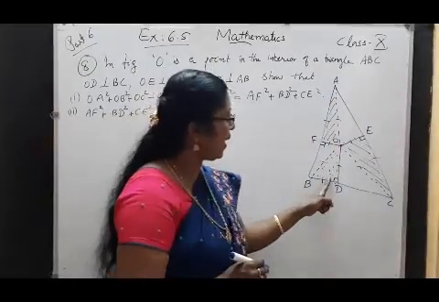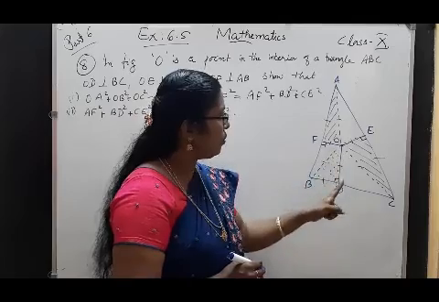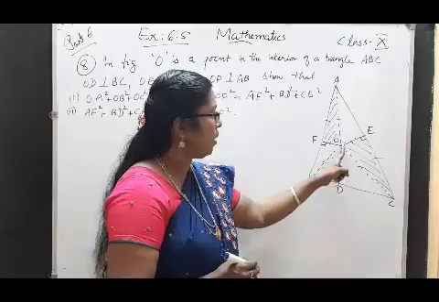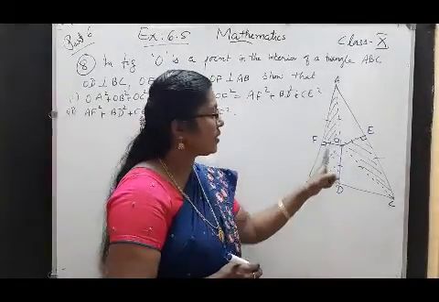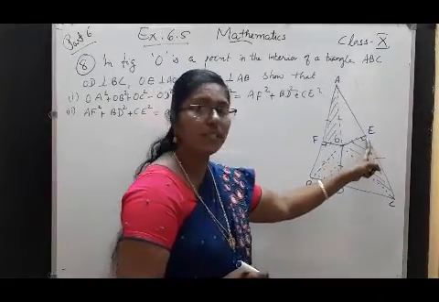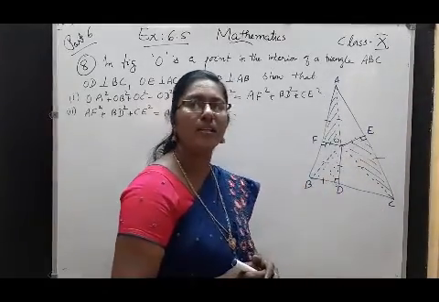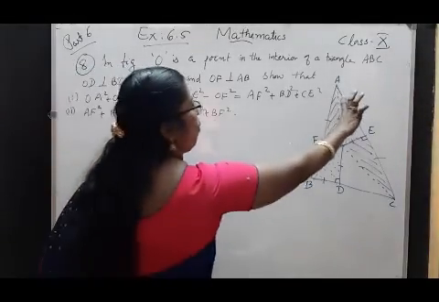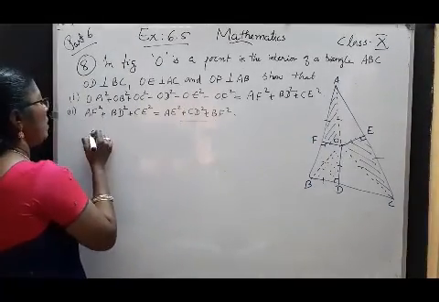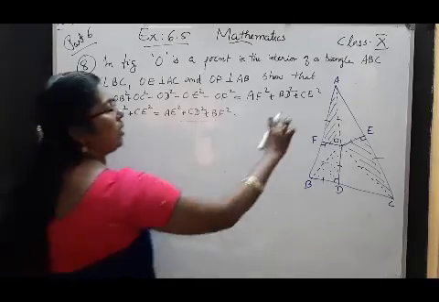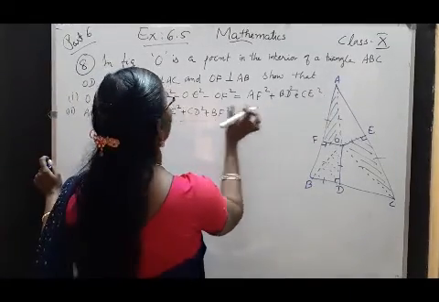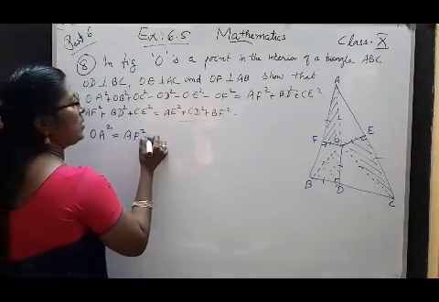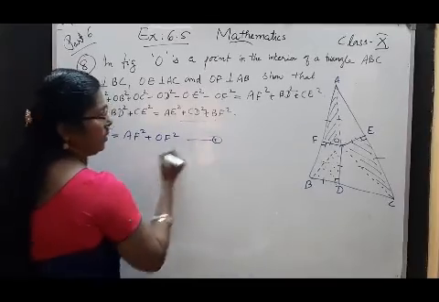Then in triangle BDO, the right angle is at D and OB is the hypotenuse. In the same way, the angle at E is 90 degrees and OC is the hypotenuse. By the Pythagoras theorem, OA square equals AF square plus OF square, equation number 1.